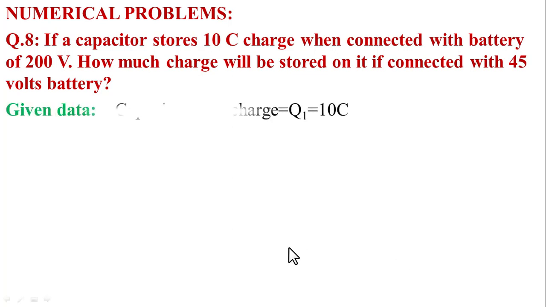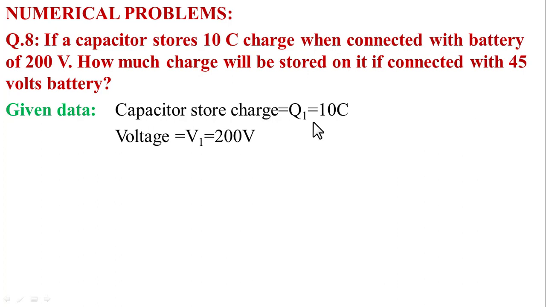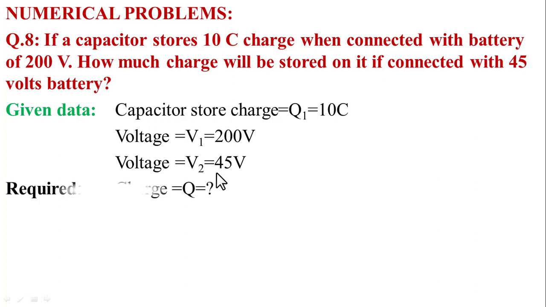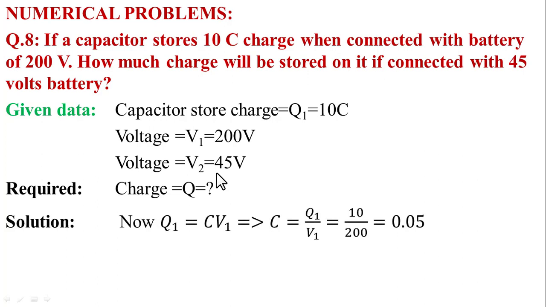Now, in the given statement, the capacitor stores charge Q1 equal to 10 coulomb, and we have voltage V1 equal to 200 volt. Also, voltage V2 is equal to 40 volt. We have to calculate the charge Q, which is the unknown. Then using the formula, we find the solution.